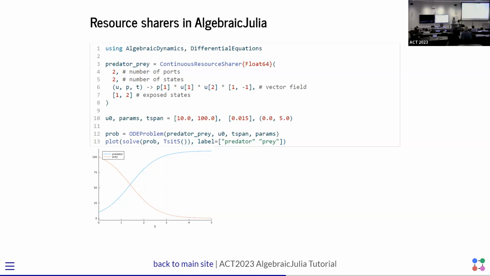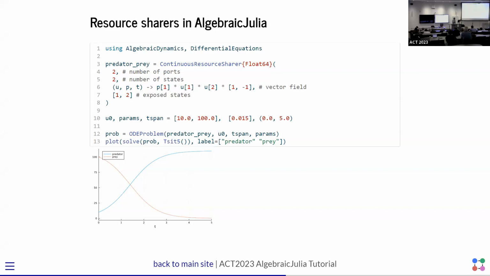So here we're seeing how we can make one of these. We're going to create one for this predator-prey interaction, where the system is going to have 2 ports on its interface. It's going to have 2 states. It's going to expose both those states. That's what the 4th argument here is. And then the 3rd argument is giving the vector field as an anonymous function.